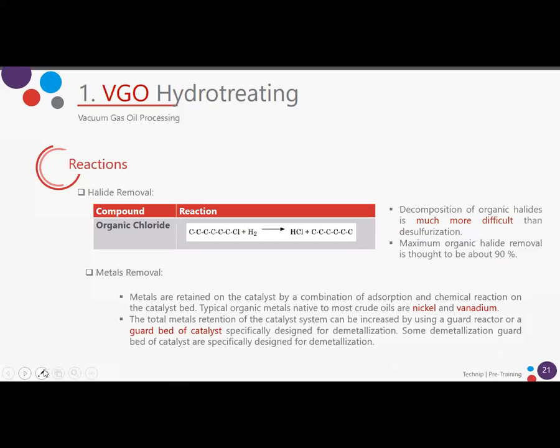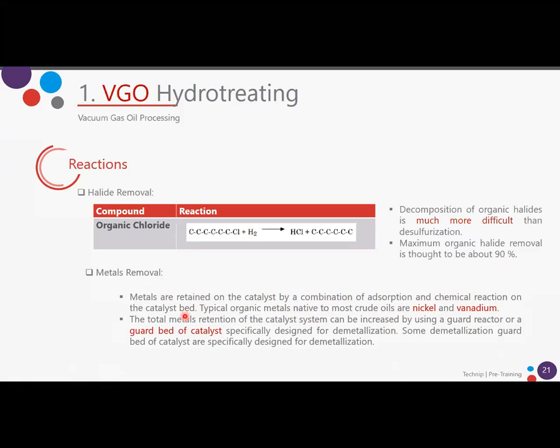And also you will have some metals removal. We have seen that we have in the feed nickel and vanadium. So metals are retained on the catalyst by a combination of adsorption and chemical reaction on the catalyst bed. And typical metals that you will find are nickel and vanadium.